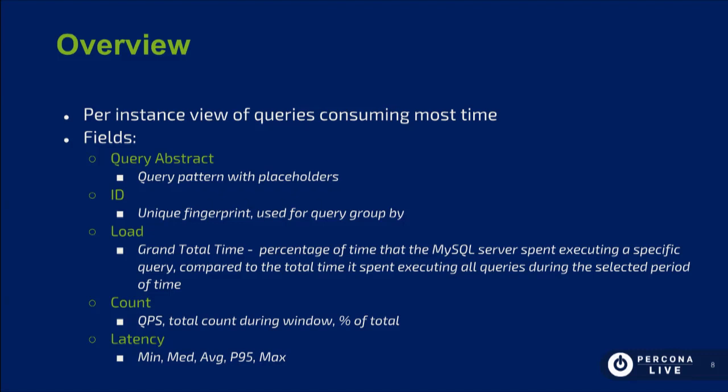So what you can find in Query Analytics is the main information about the query abstract, so some pattern of the query you can analyze. A unique fingerprint for the query without sensitive information inside.